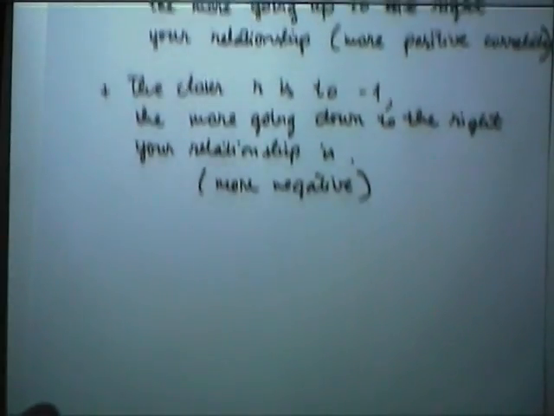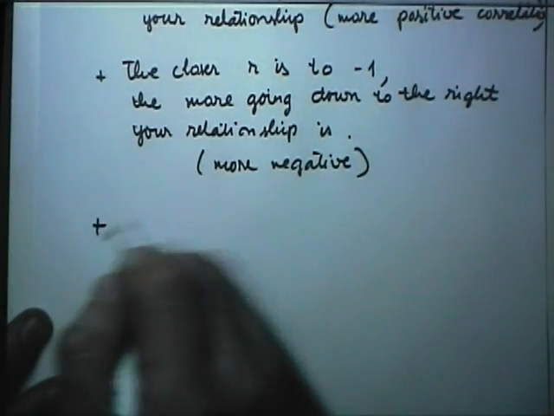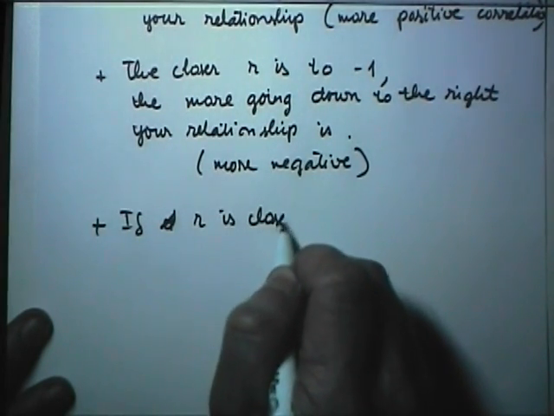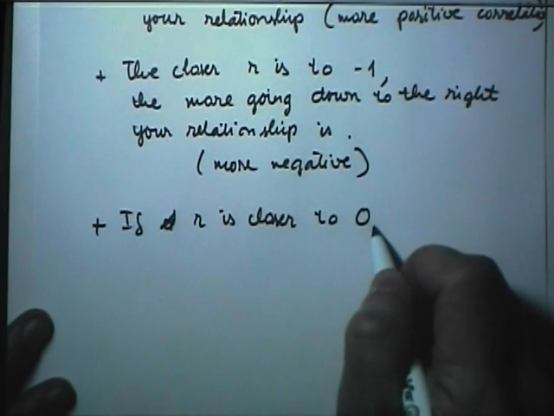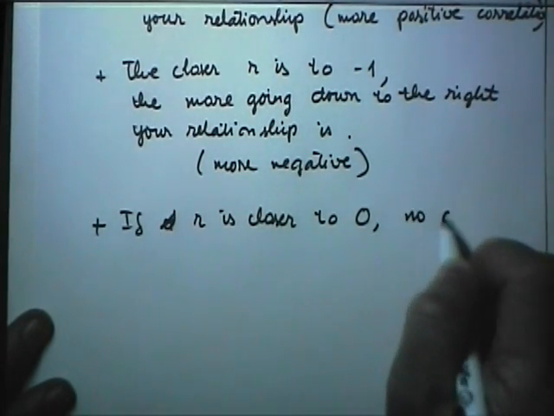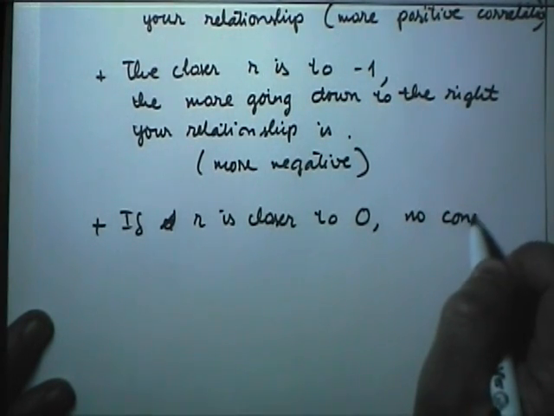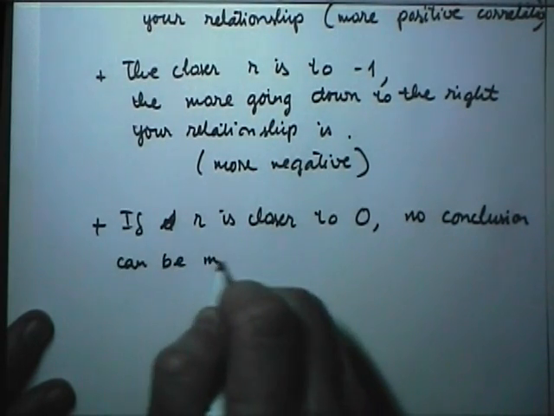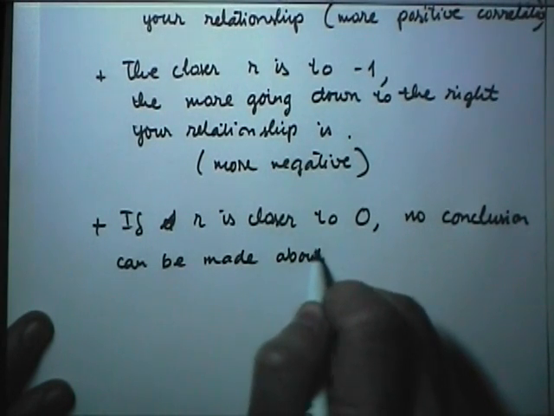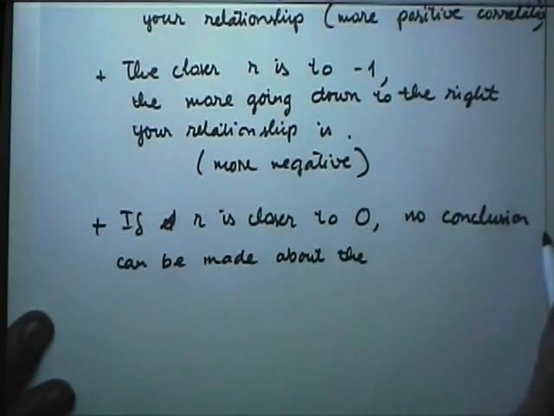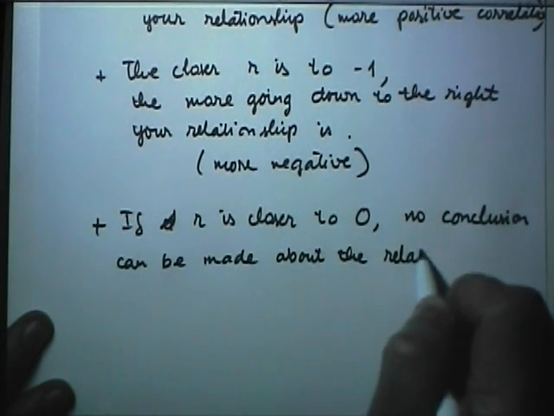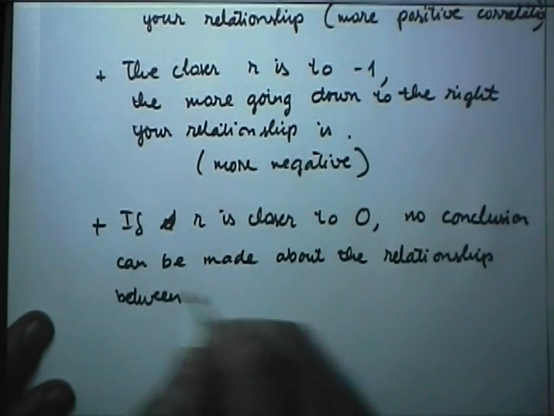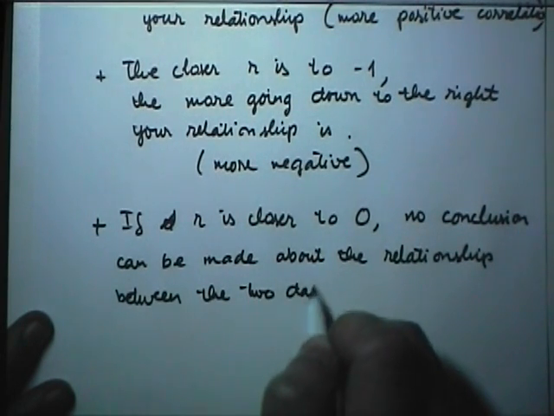And then the last thing: if R is closer to 0, then no conclusions can be made about the relationship between the two data sets.